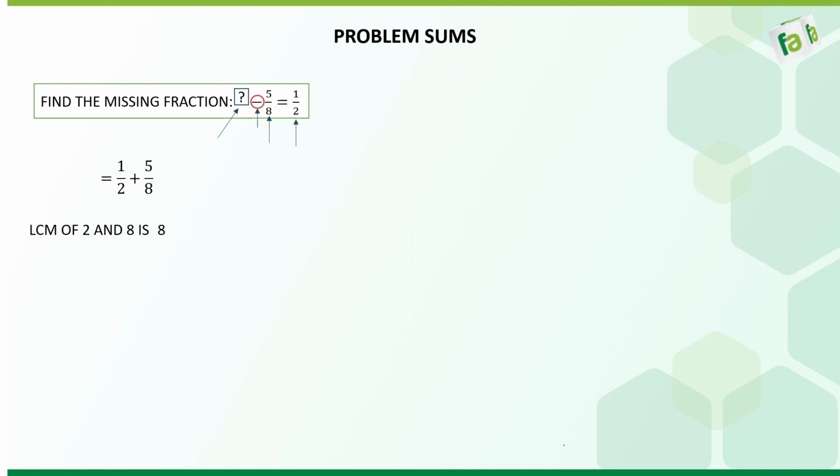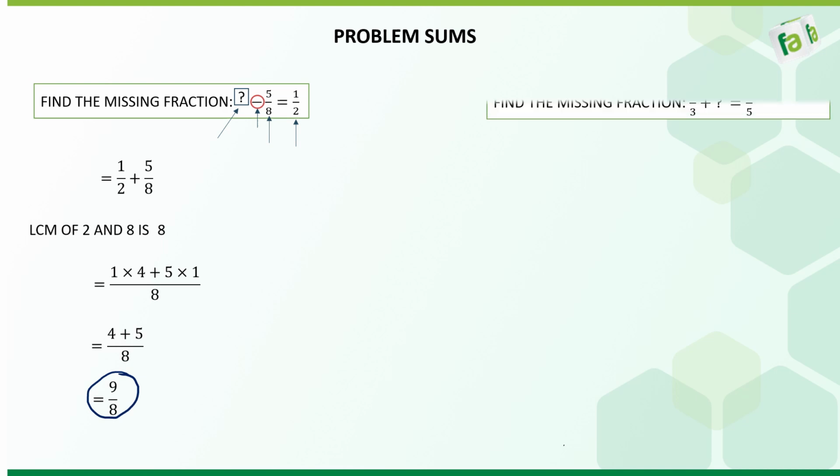Following the same procedure as we discussed earlier, we will get 1 into 4 plus 5 into 1 divided by 8. This will give us 4 plus 5 by 8, which is equal to 9 by 8. And this is our missing fraction.